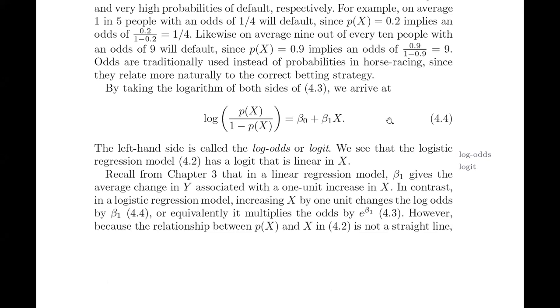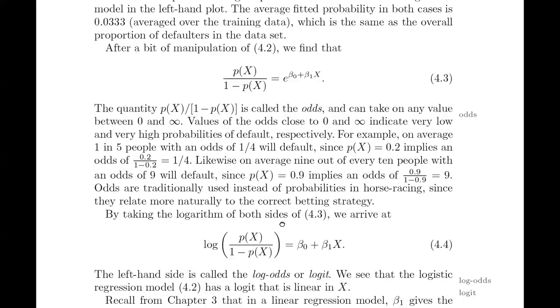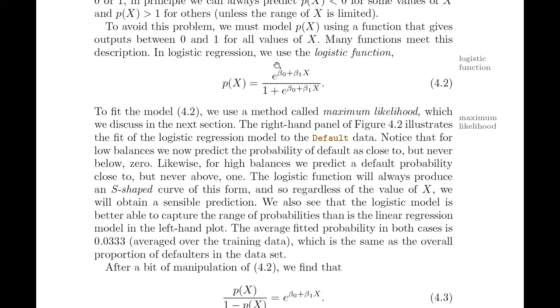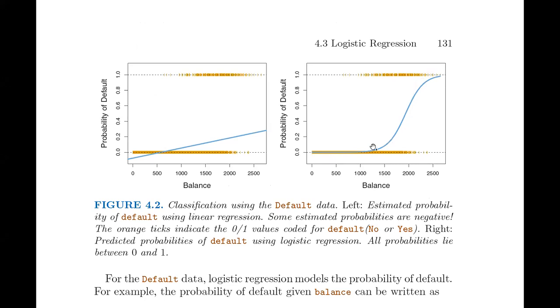So what's going on here? Well, what's going on is that the model, the blue curve that we're going to fit, doesn't take values higher than 1 or lower than 0, unlike linear regression.